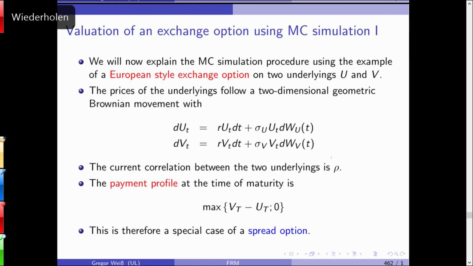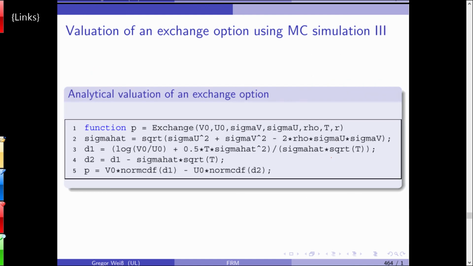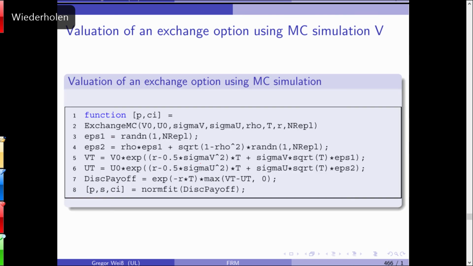If you take a look at this function here, you simulate a sufficient number of paths, and then you are discounting in continuous time, times the payout.